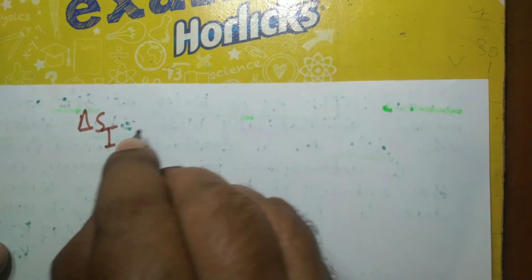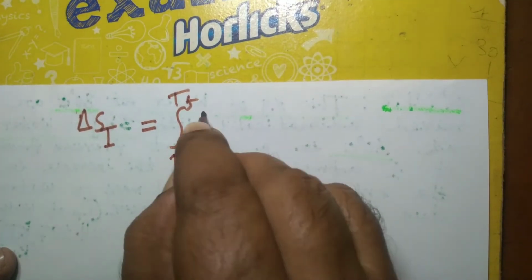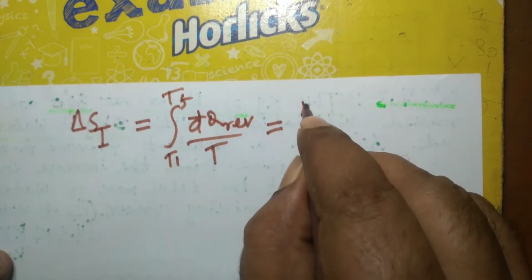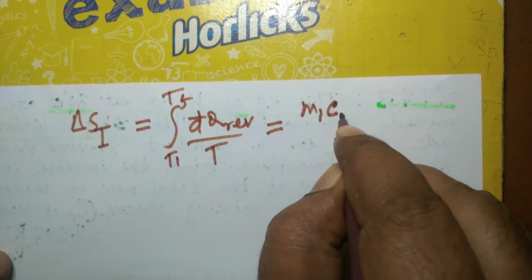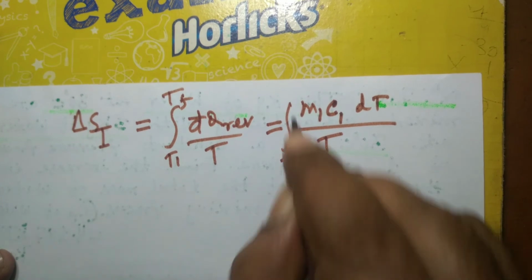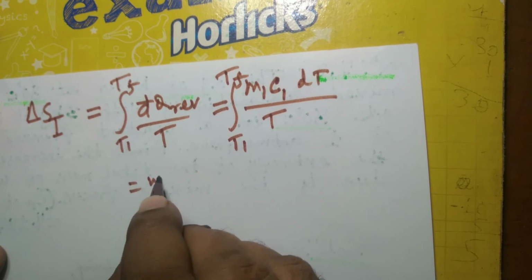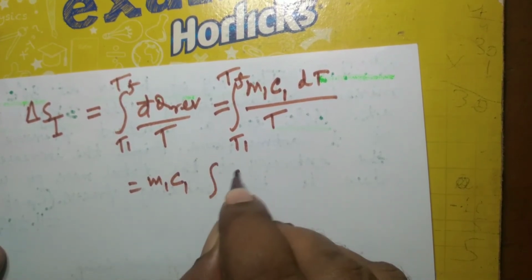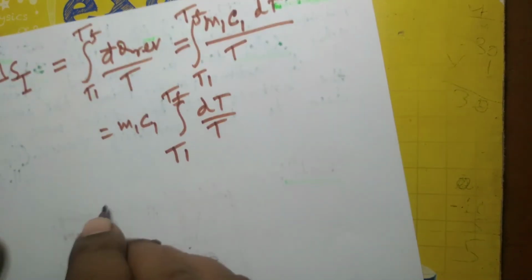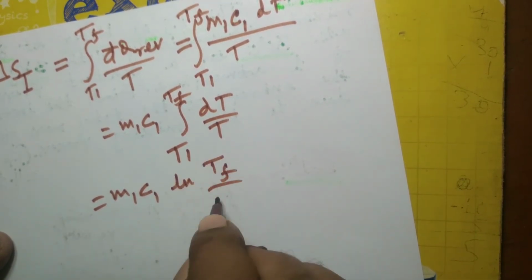Delta S1 is nothing but dq by T, and dq is nothing but m c dT, so m1 c1 dT by T, from T1 to TF, is equal to m1 c1 integral of dT upon T. The integration limit is from T1 to TF. This is equal to m1 c1 ln TF divided by T1.